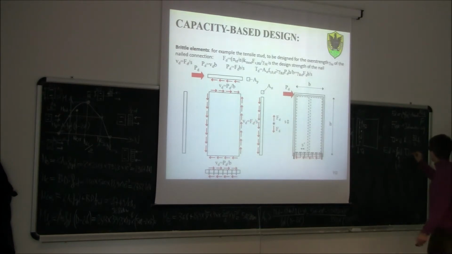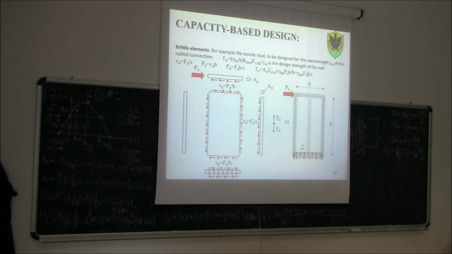So it will be gamma RT times Fd H divided by S. So this becomes the seismic demand of the stud.